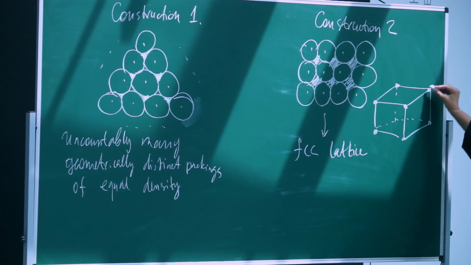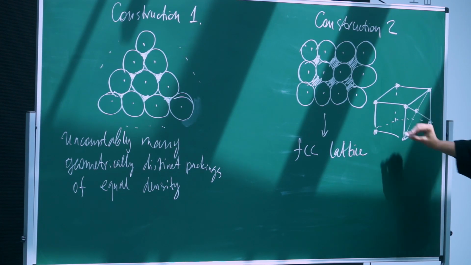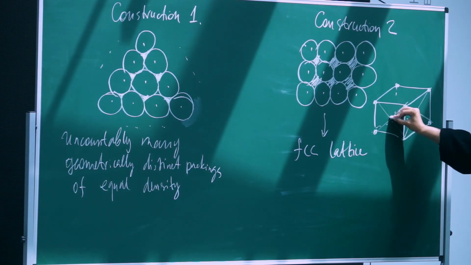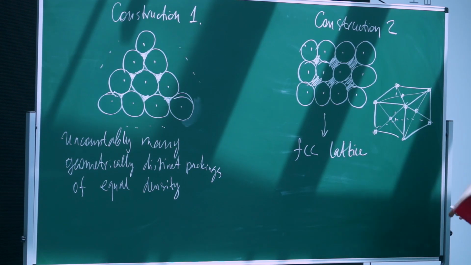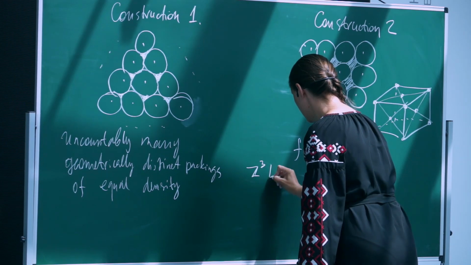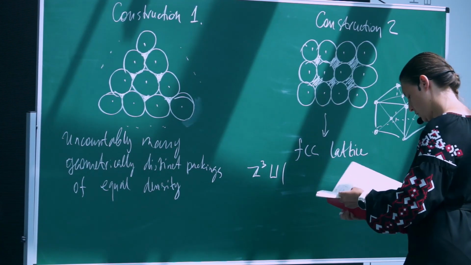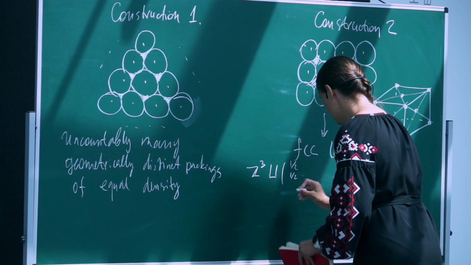We take all the faces of cubes in this cubical lattice and add points at the centers of all the faces. And so we will get a set like this. It would be 4 shifts of the cubical lattice.